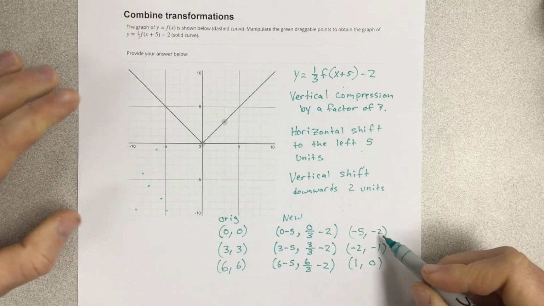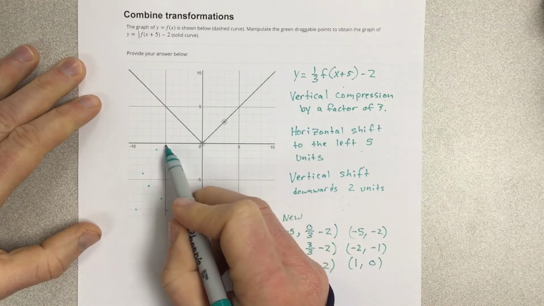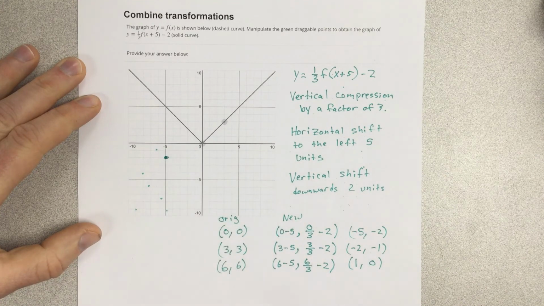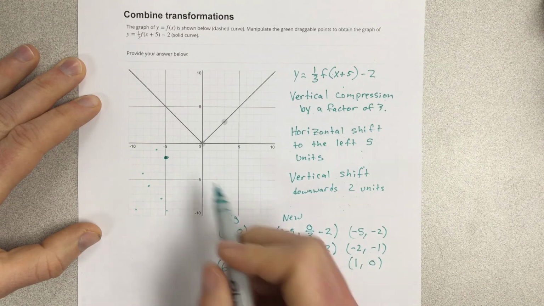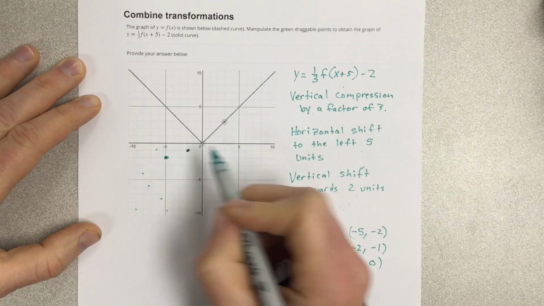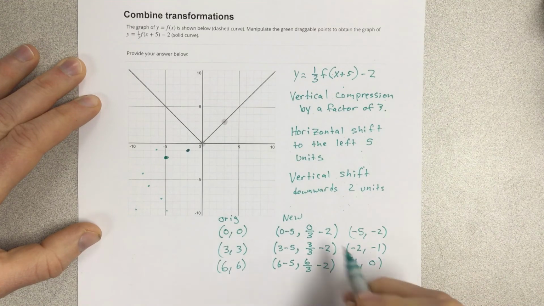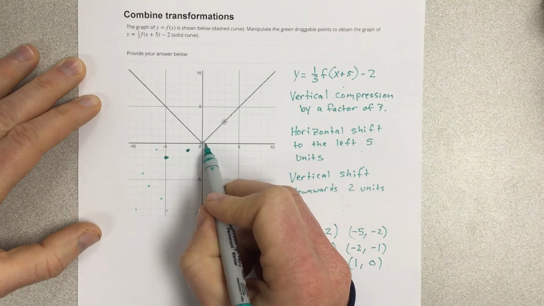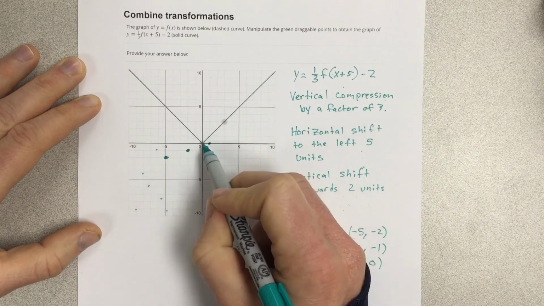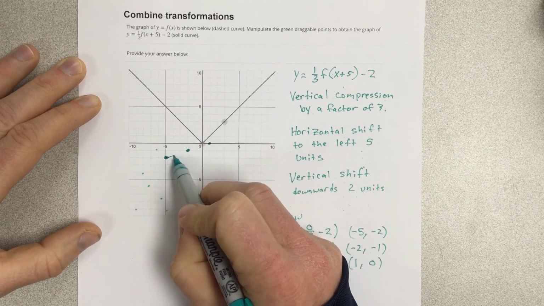Let's graph these coordinates. So -5, -2 would be right here. -2, -1 would be here. 1, 0 would be right here. Remember, I just did the right branch of this. This would be the right branch.